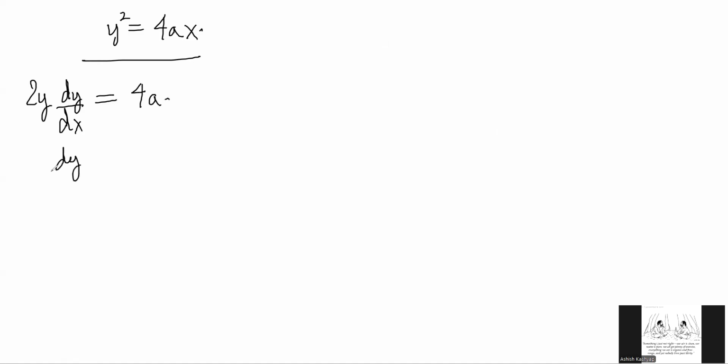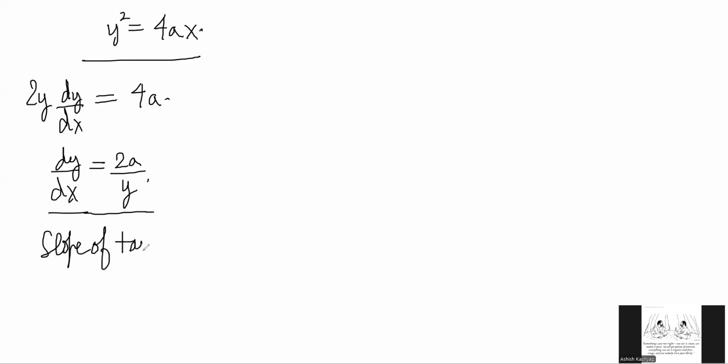One way would be to use calculus. So if this is my curve, for the slope of the curve you will get 2y dy by dx is equal to 4a. So dy by dx is equal to 2a by y, and this basically becomes the slope of the tangent to the parabola.